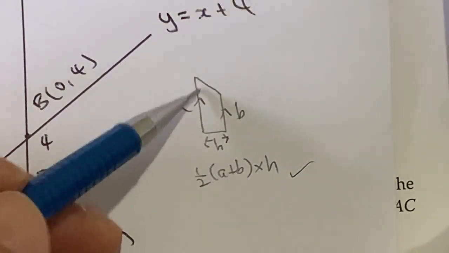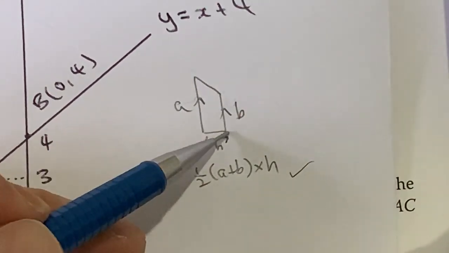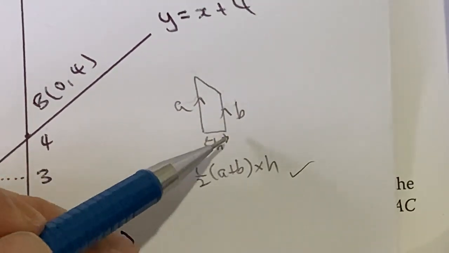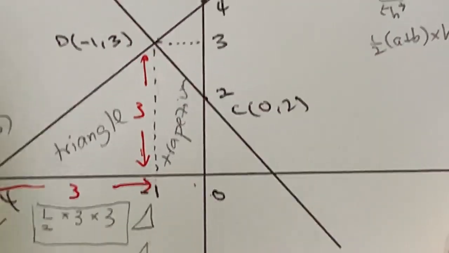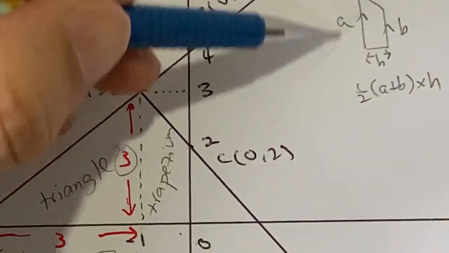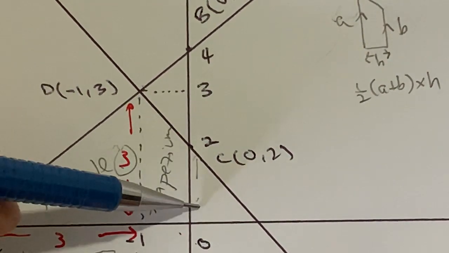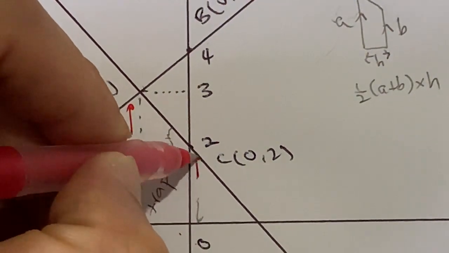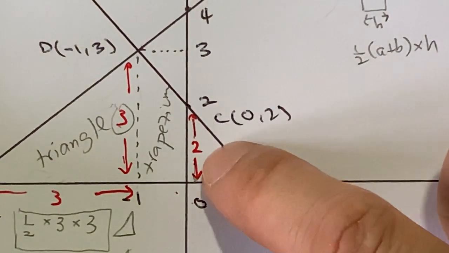A and B are the lengths of the parallel sides of the trapezium, and h here will be the distance between these two, A and B. h stuck in the middle there. So half A plus B times height. If you compare, the A is already there, this A here is 3. We don't have the B. B, if you look at it here, has a value of 2, from 0 to 2 is 2.